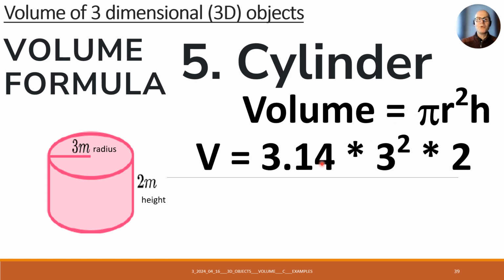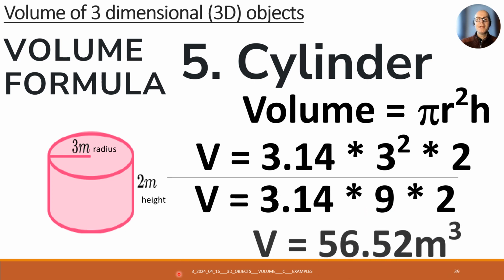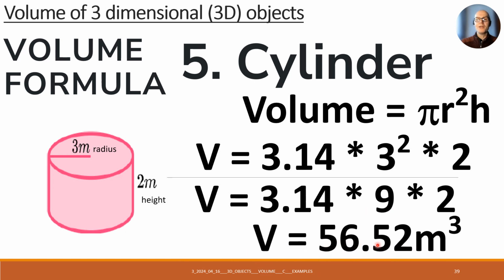Pi, 3.14 to 2 decimal places. R, 3, r squared, 3 squared, times h is 2. 3.14 times 9 times 2 equals 56.52 meters cubed.